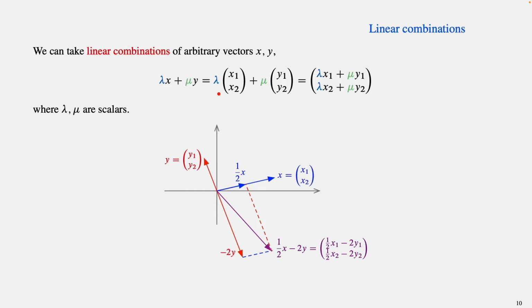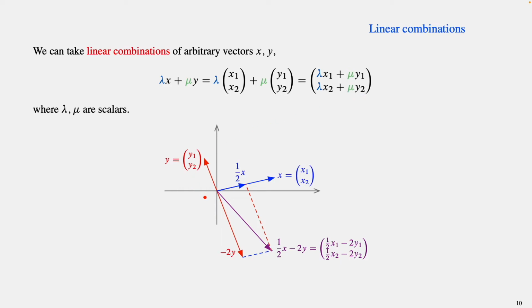If we write it out in coordinates, that's lambda times (x1, x2) plus mu times (y1, y2). So we multiply those two each by lambda and those two each by mu, and then we combine them by adding them component-wise. So this linear combination lambda x plus mu y is the vector with components lambda x1 plus mu y1 and lambda x2 plus mu y2.